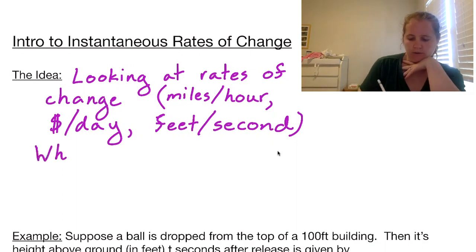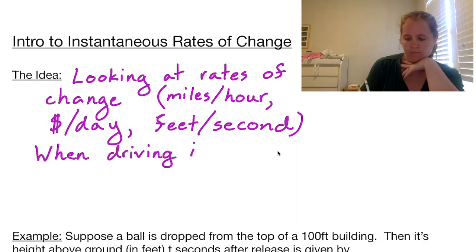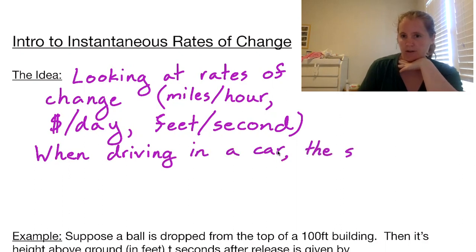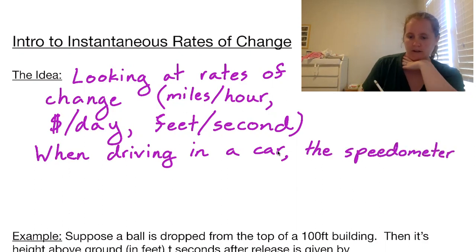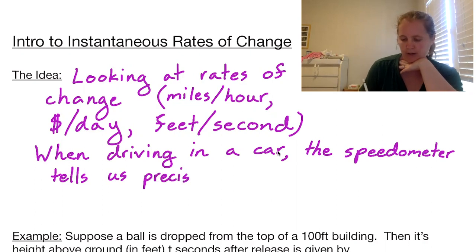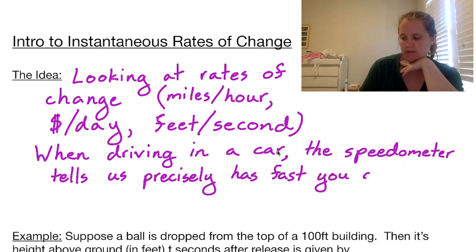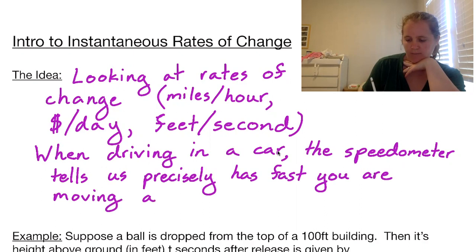So when driving in a car, the speedometer tells us precisely, well, to the nearest mile per hour, precisely how fast you are moving at any point in time.